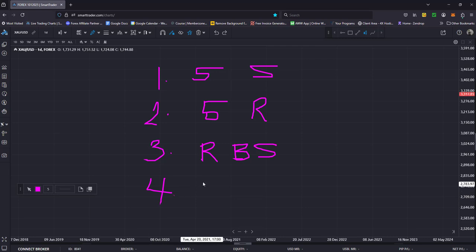And for number 4, 3 areas where we have support becoming resistance, SBR.